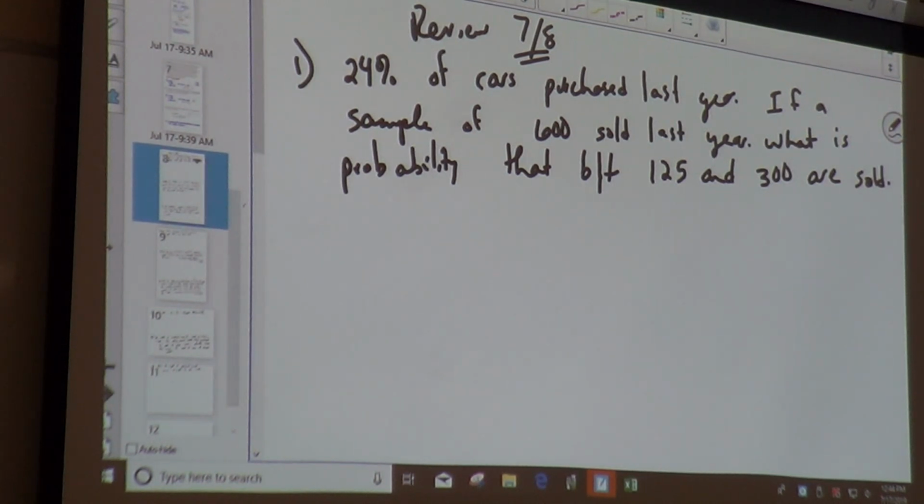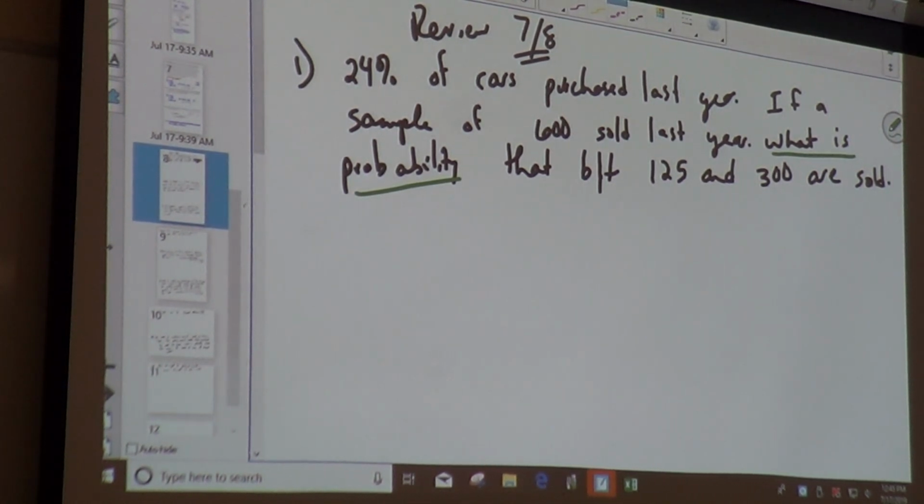All right, tell me where that 24% is going to go. Hold on, I have a quick question. What is that B/T? Between. Oh, okay. Between. Okay, it says what is the probability? So what are we trying to find, y'all?